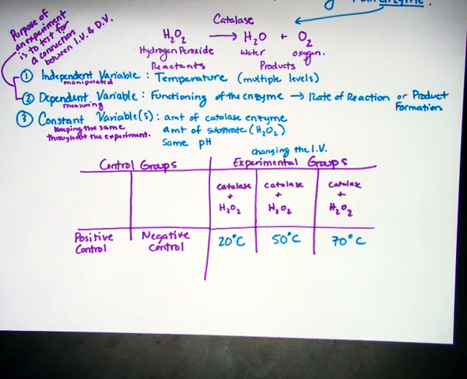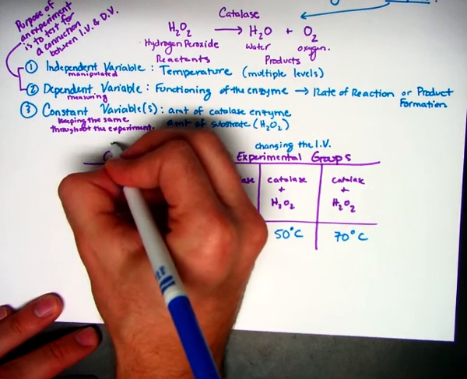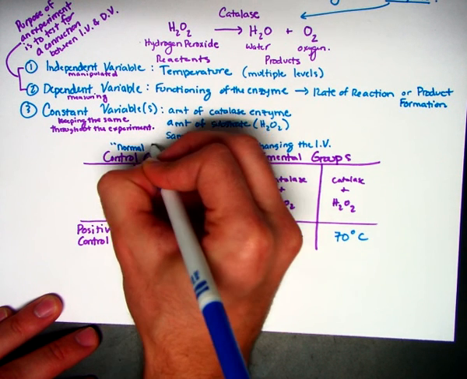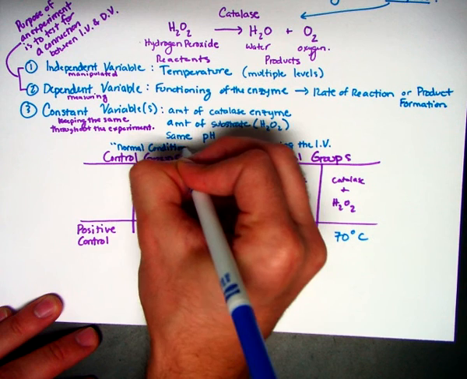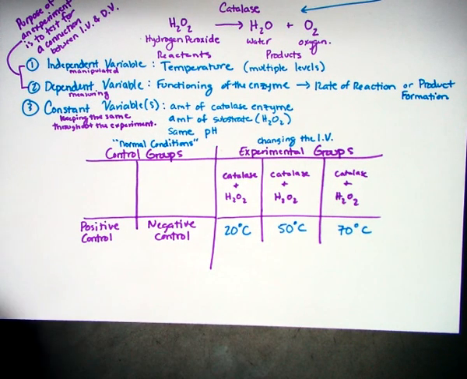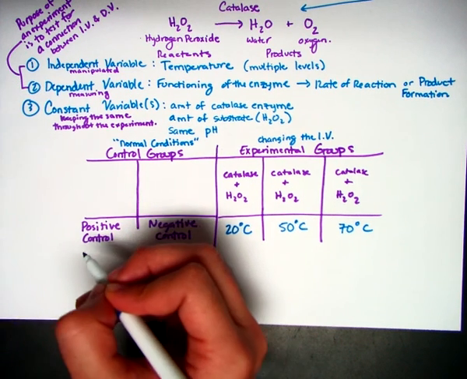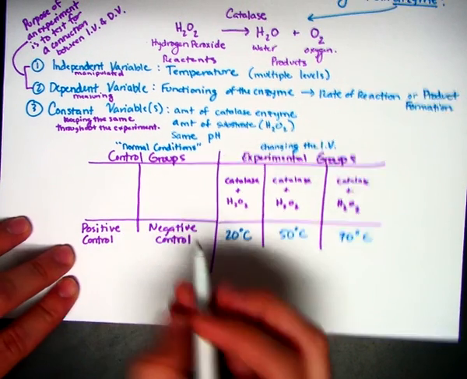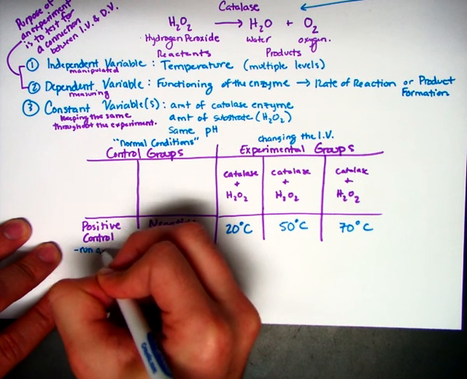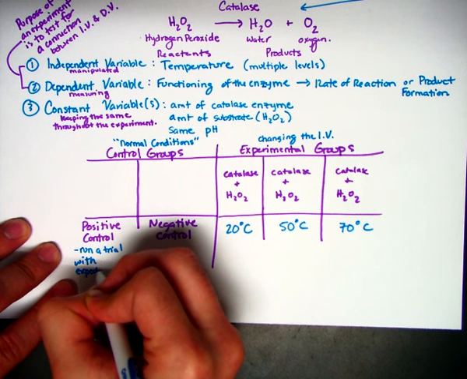Now the control group, these are typically what we refer to as our normal conditions, or things that we can predict their outcome. And so the positive control, this is where you run a trial with an expected result.